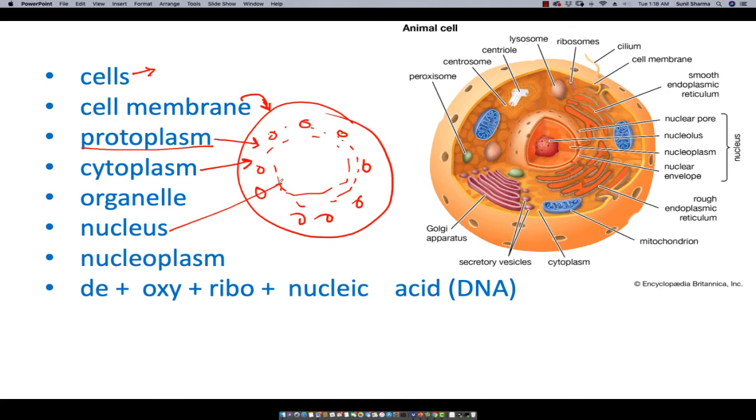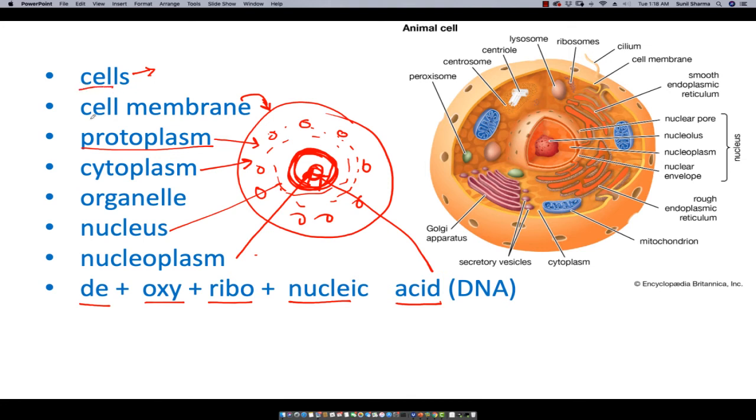Then we have the nucleus, which is at the center of the cell. And the liquid inside that is called nucleoplasm. And then in the center of that is our DNA, and that's called deoxyribonucleic acid.